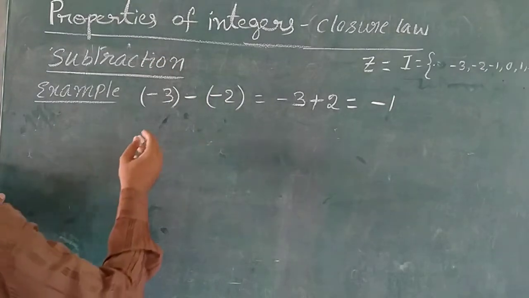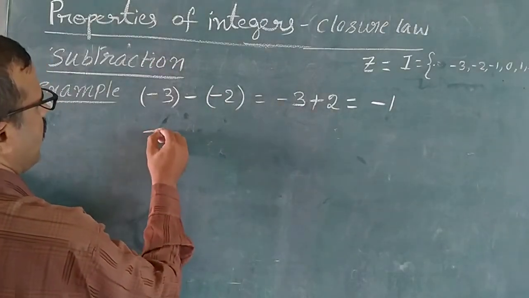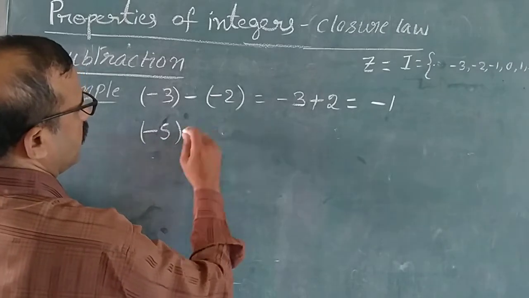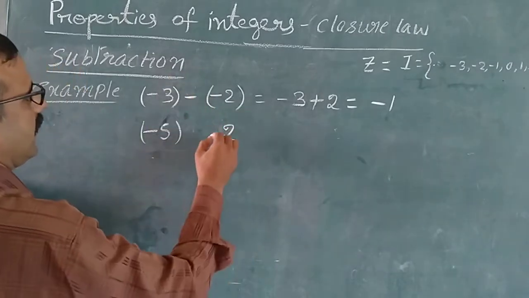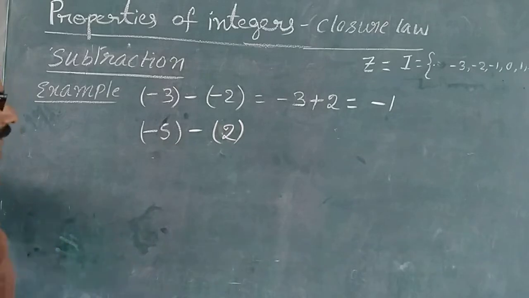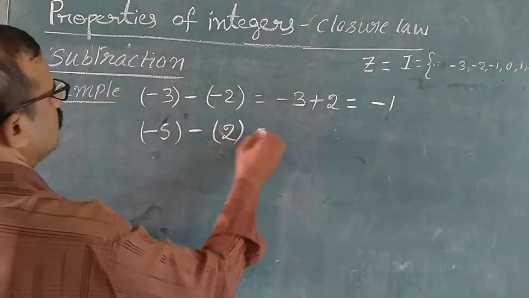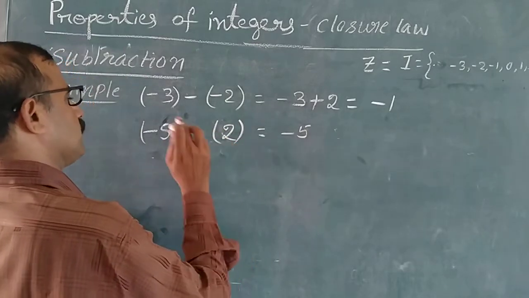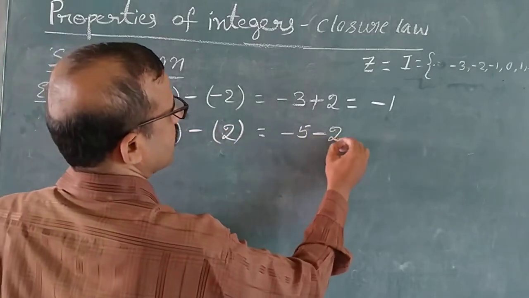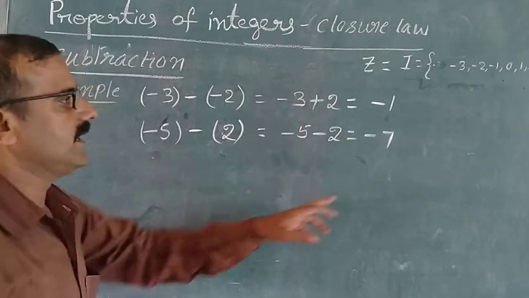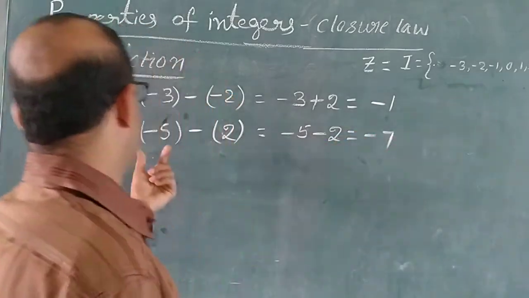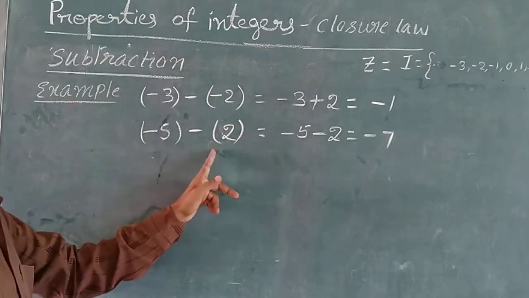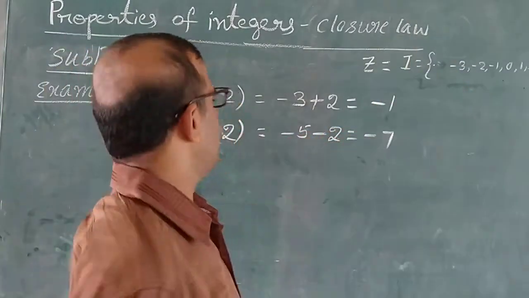Next one, -5 minus 2, by subtraction. So that equals -5, and here minus into plus 2 gives minus 2. -5 minus 2 equals -7. -7 is also an integer. Here -5 is an integer, 2 is also an integer. With respect to subtraction, -7 is also an integer.